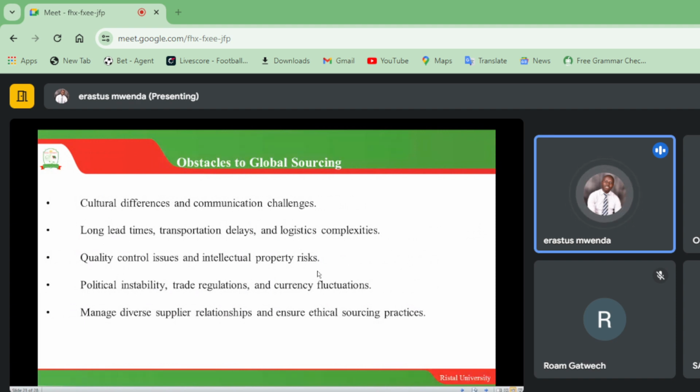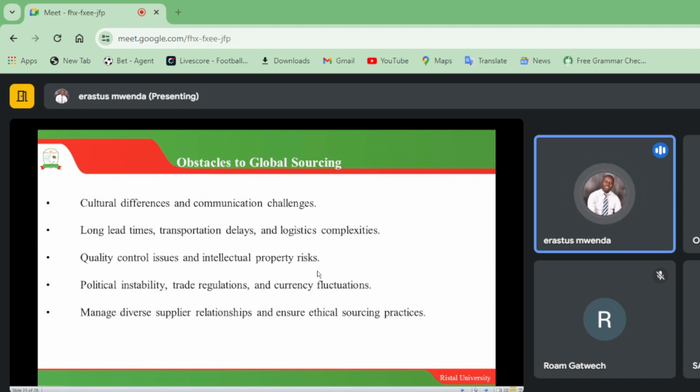We have had a similar discussion around this, so I'll not spend a lot of time here. What are some of the challenges that are going to affect global sourcing activities? Cultural differences and communication challenges. We have mentioned that. Long lead time, transportation delays, logistics complexities, that has also been mentioned.